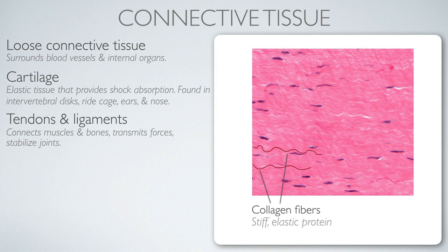Ligaments are the connective tissue that go bone to bone instead of bone to muscle. They transmit forces, they stabilize joints, and the tendons are connecting the muscles to the bones. So they have a really important function in the body, these tendons and ligaments. There are also cells that maintain this tissue. This is living tissue. Those cells are called fibroblasts.